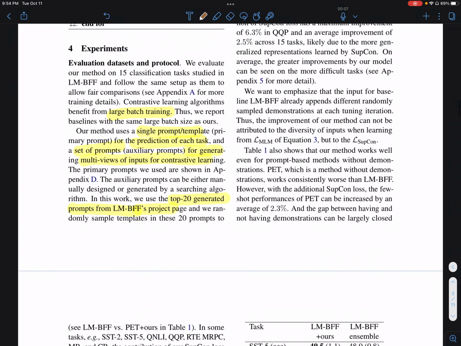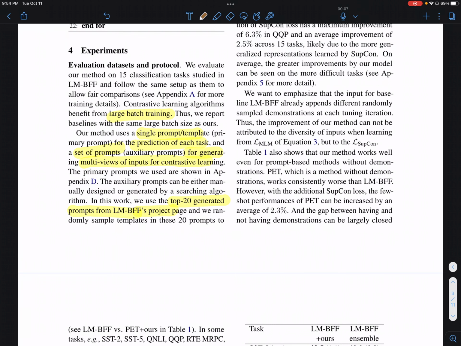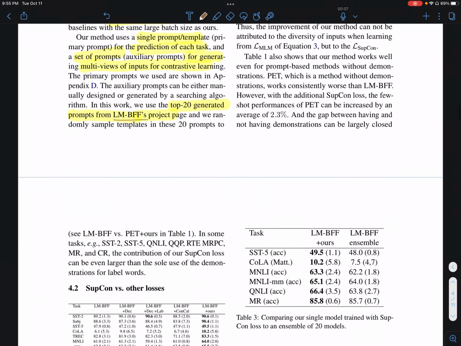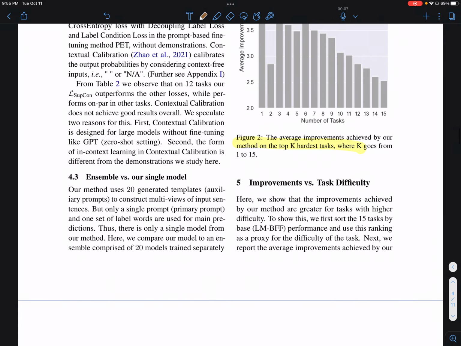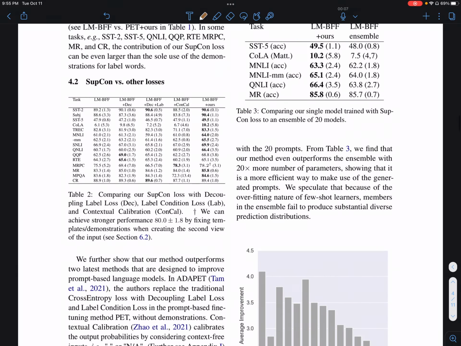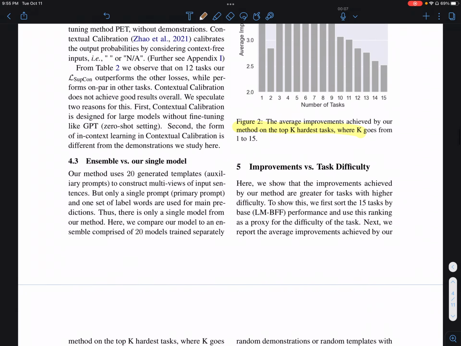Their baseline is from another paper, the LMBFF paper, and they pick the templates as well as demonstrations from the LMBFF paper.